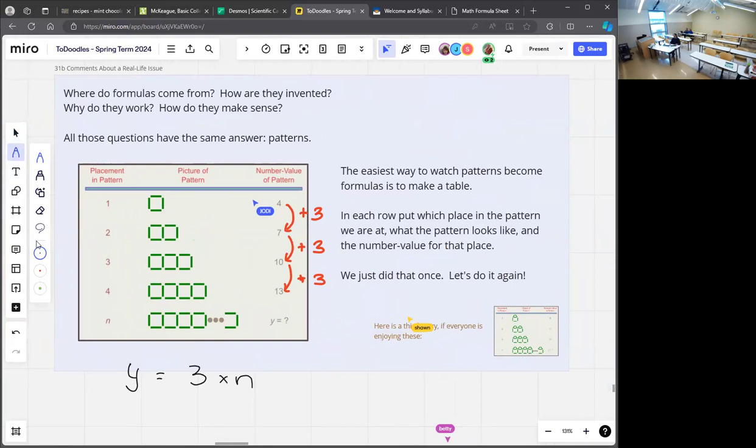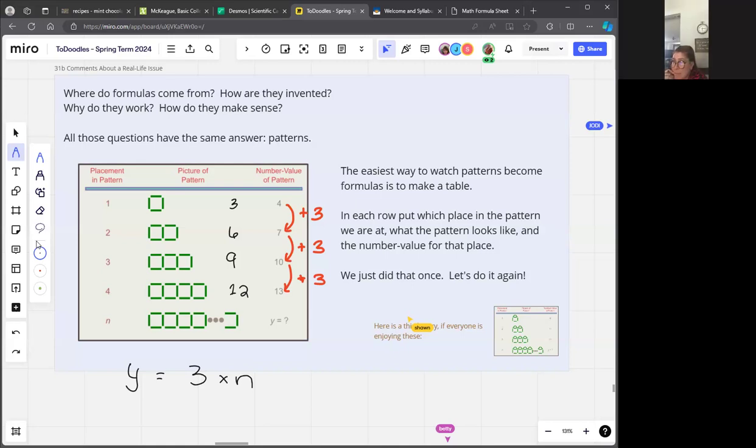Because if I did that, 3 times 1 is 3. 3 times 2 is 6. 3 times 3 is 9. 3 times 4 is 12. And that's not quite the right numbers. So what else do I have to do to fix it?